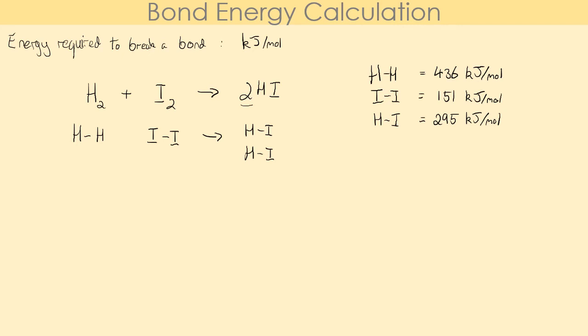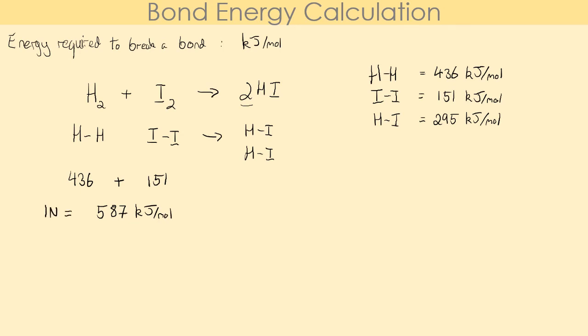We can work out the energy we need to put in, which is on our left-hand side, and the energy that we will get out from making those bonds. We've got 436 kilojoules per mole plus 151 kilojoules per mole. That is our energy in, which gives us 587 kilojoules per mole of energy going in.